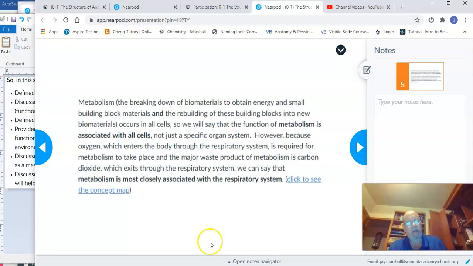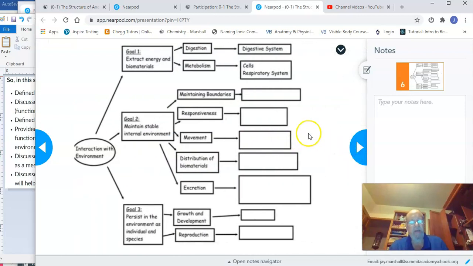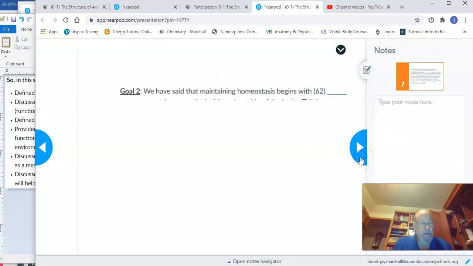So metabolism is most closely associated with the respiratory system in addition to all cells. For extracting energy and biomaterial, I have these 2 functions, digestion and metabolism. The digestive system accomplishes digestion, and all cells and the respiratory system accomplish metabolism. Let's go to the next slide.